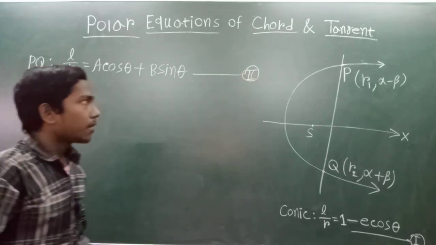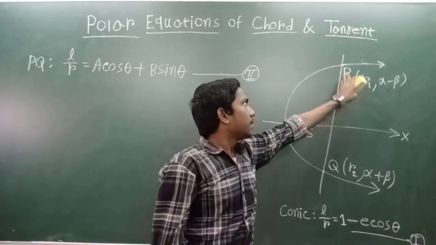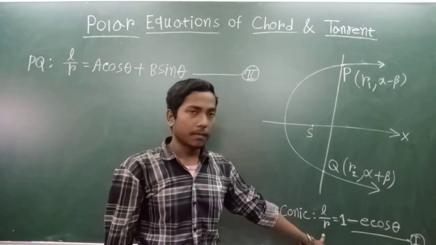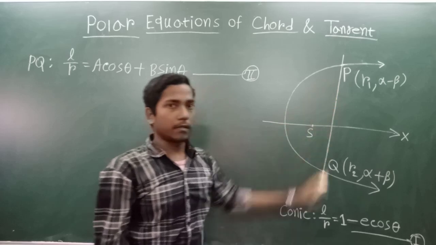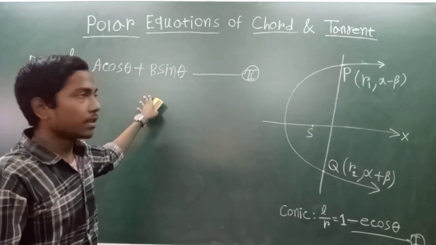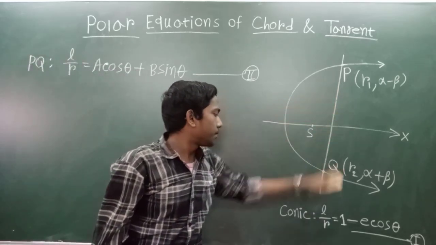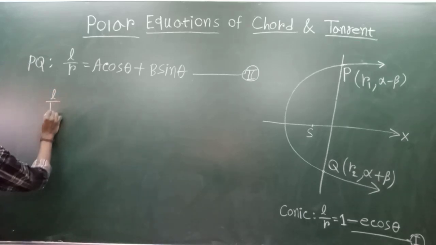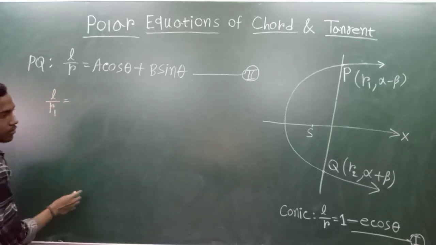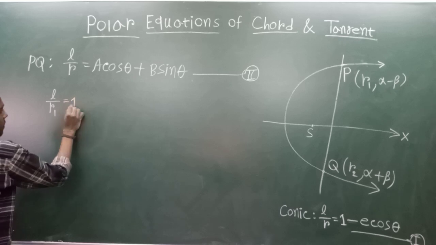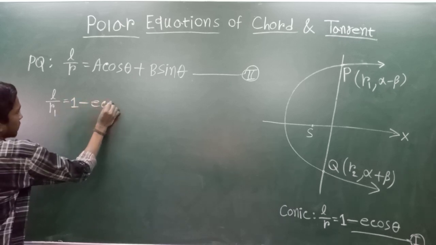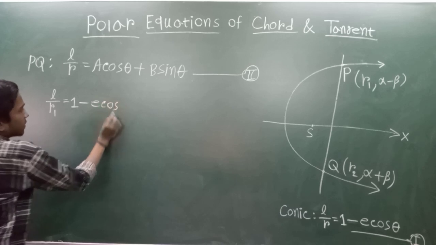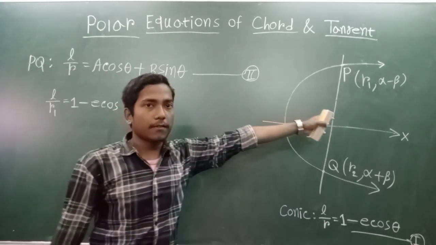Now, if you observe, P is a point on the conic, so it must satisfy equation 1, and P is a point on the chord also, so it will satisfy equation 2. Now, we put this value of P in equation 1, so we obtain l by r1 equals 1 minus e cos alpha minus beta, since the vectorial angle of P is alpha minus beta.